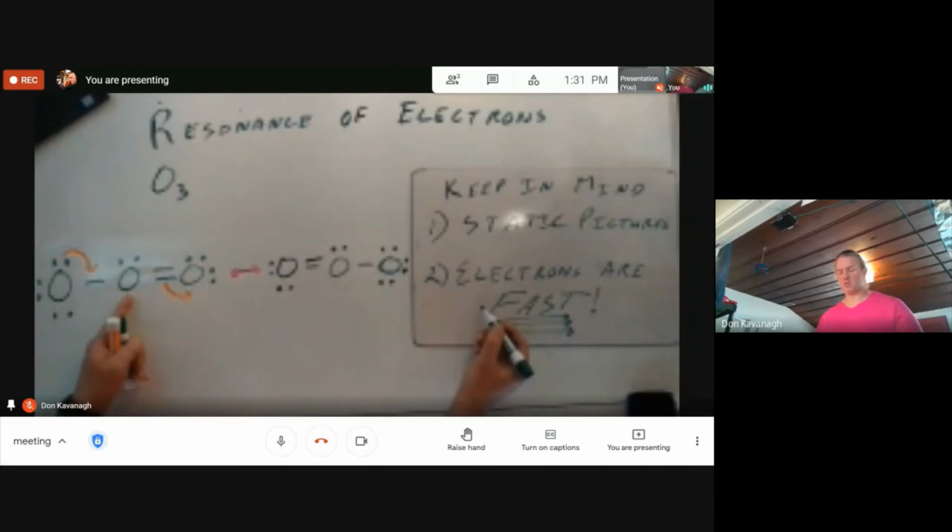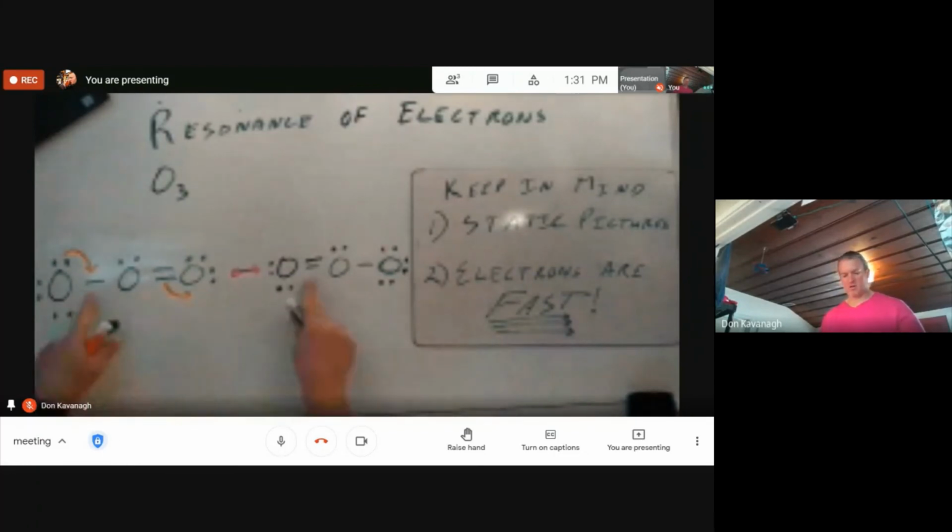If the electrons were not moving, we would see a molecule that had different bond lengths here. But that's not what we see. We see equal bond lengths here. And a way to describe these bond lengths is we could say that this bond right here, 1 or 2, averages out to about 1.5.